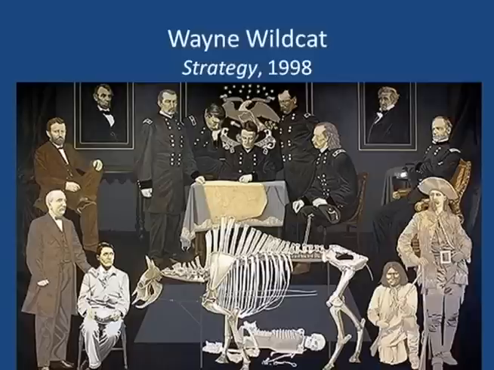Wayne Wildcat wants you to look very closely into the faces of individuals who, he says, affected history and were affected by history. The central figure in this work is a buffalo skeleton. It looks like something you might see exhibited in a natural history museum, as if it were an extinct dinosaur.